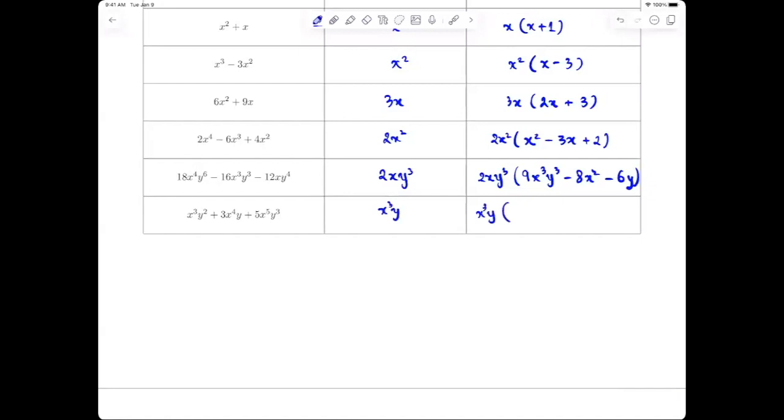And you're left with what? y plus 3x plus 5x squared y squared. Cool. Any questions? All right. So that's basically how you find a common factor.